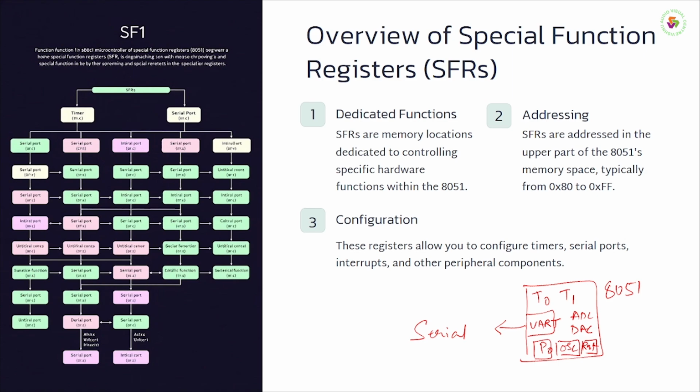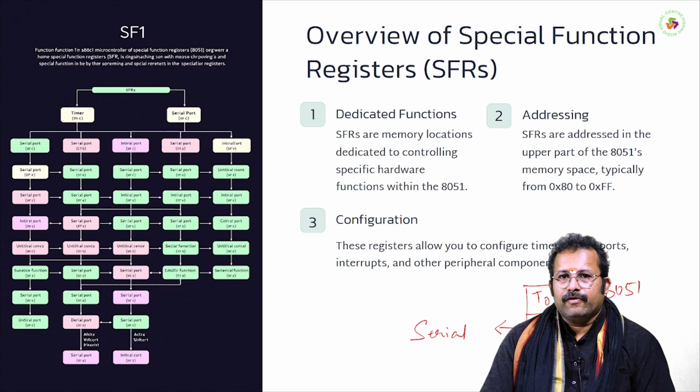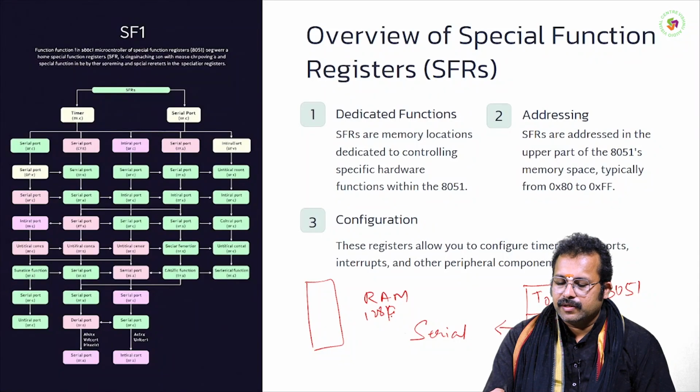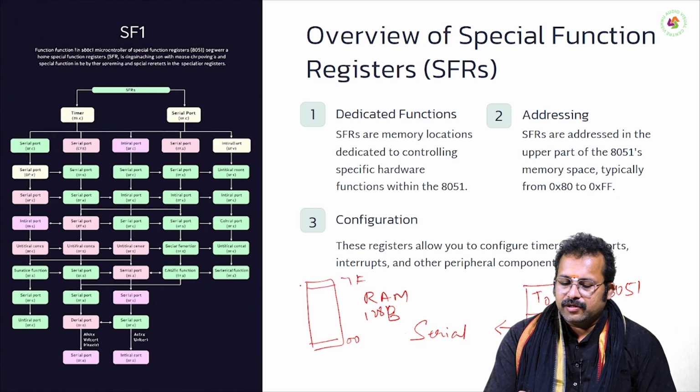Special function registers are memory locations dedicated to control specific hardware functions within the 8051, and they are addressed in the upper part of memory. The internal RAM is of size 128 bytes. That means its starting address is 00H and the last address is 7FH, which is overall 128 locations.